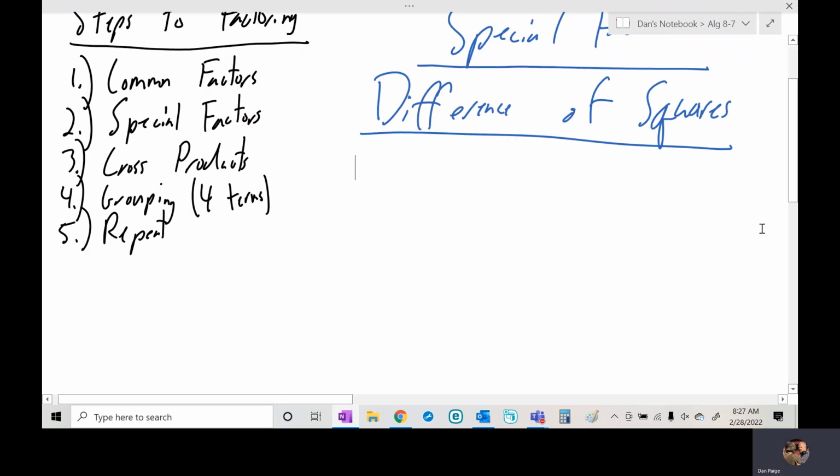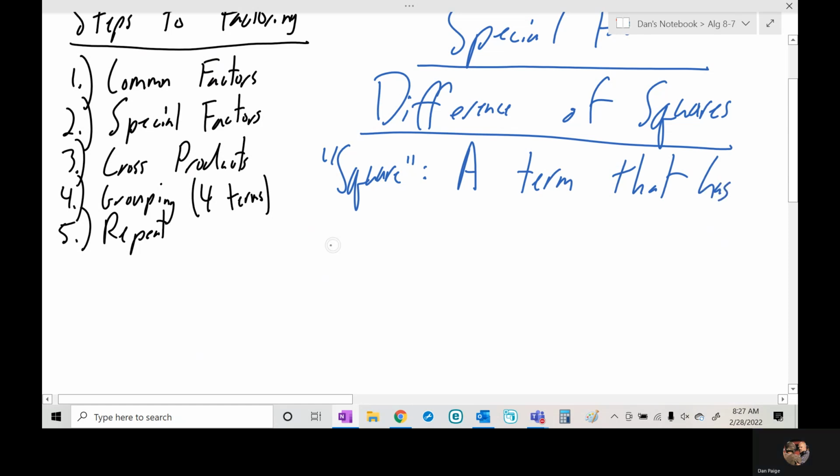First off, this term squares. We're not talking about the geometric shape. A square is a term that has a whole number square root.